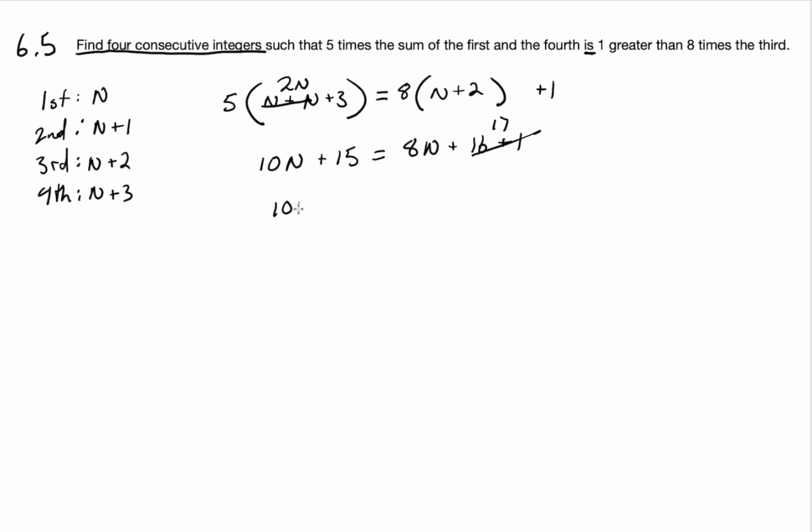So 10n minus 8n equals 17 minus 15. So 2n equals 2, n equals 1. So our first integer is 1, our second integer is 2, our third integer is 3, and our fourth integer is 4. How cool is that?